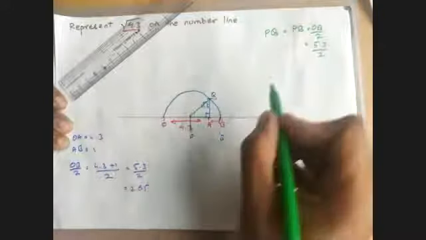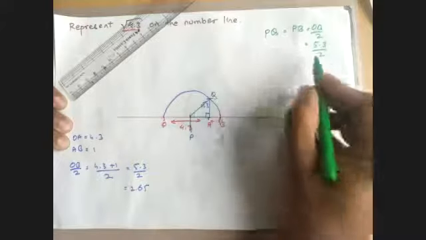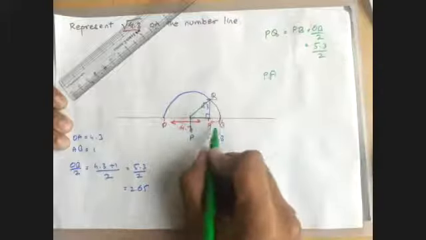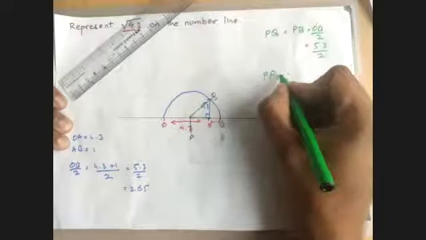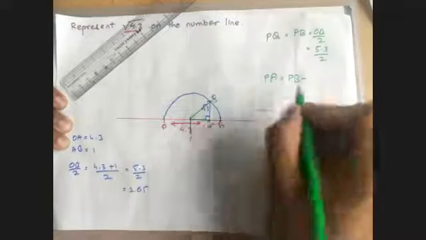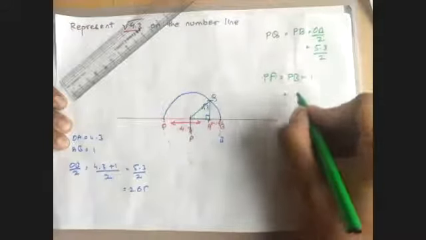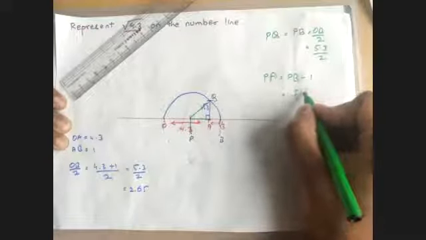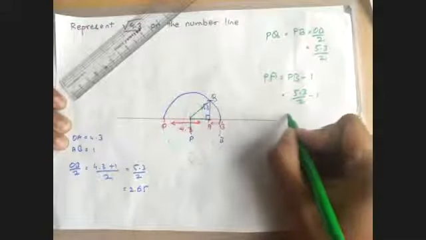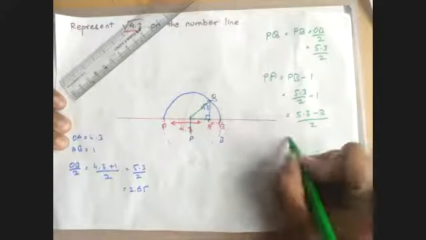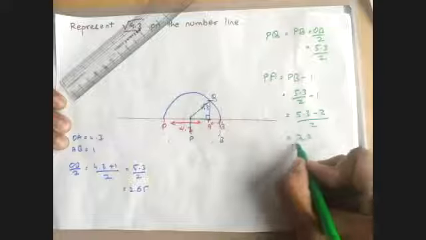Now let us find this base PA. PA is nothing but PB minus 1. PB is 5.3 by 2, minus 1, that is 5.3 minus 2 by 2, which equals 3.3 by 2.